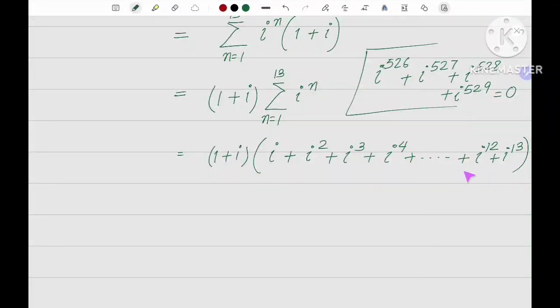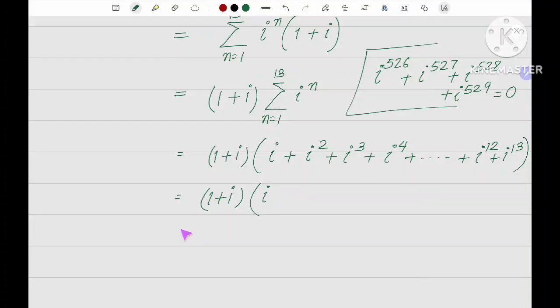I can group this summation into groups of 4 consecutive terms, right? How many terms are there? 1 to 13, 13. So how many groups of 4 can I make? 3 groups. So I can write here 1 plus i, and I can start from the beginning or from the end, whatever.